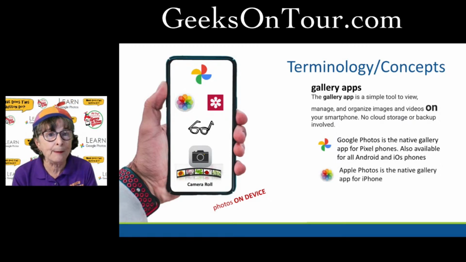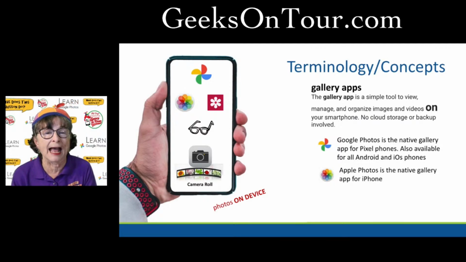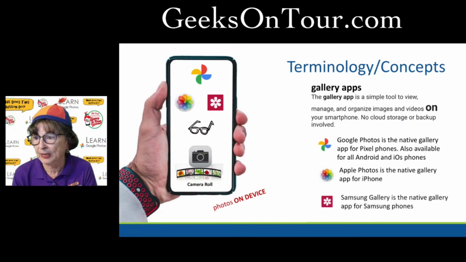But on Apple, on iPhones, your native gallery app looks like that little flowery icon, and it's just called Photos. I will call it Apple Photos just to make the distinction between Apple and Google Photos. Then on the Samsung, the capital G Gallery, Samsung Gallery, is the native gallery app.